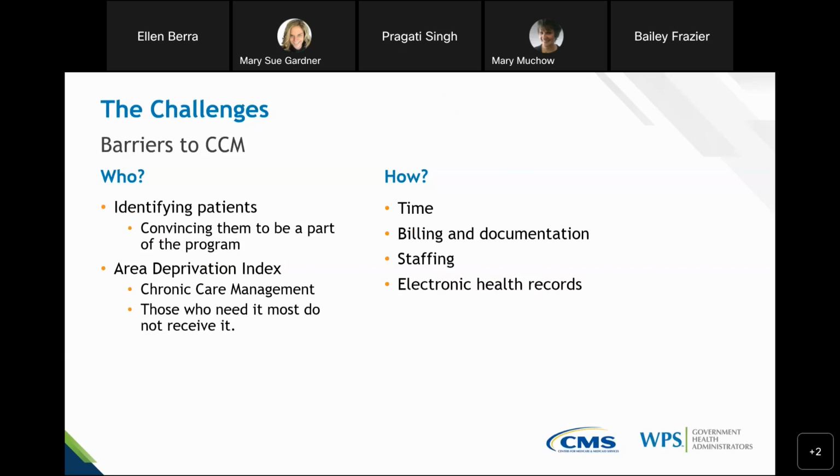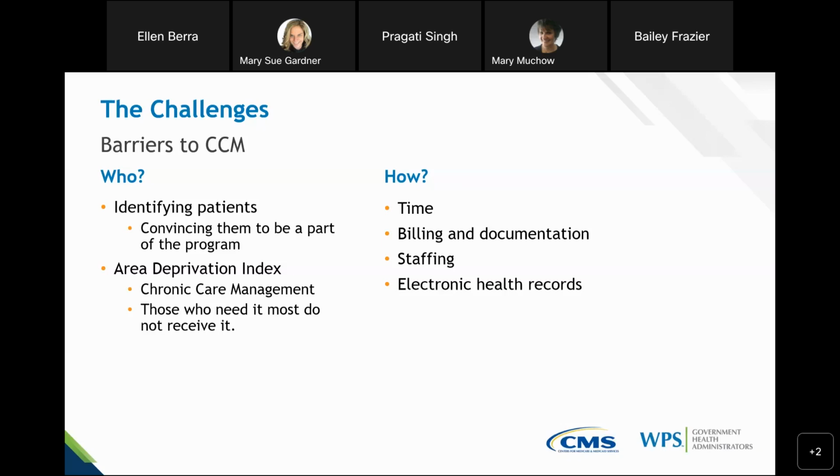And so the patients who really need this care are really the ones who are not receiving this. Other challenges: recording the time that you spend on that patient, and we'll talk about that a little more. Billing and documentation, we'll also talk about that.